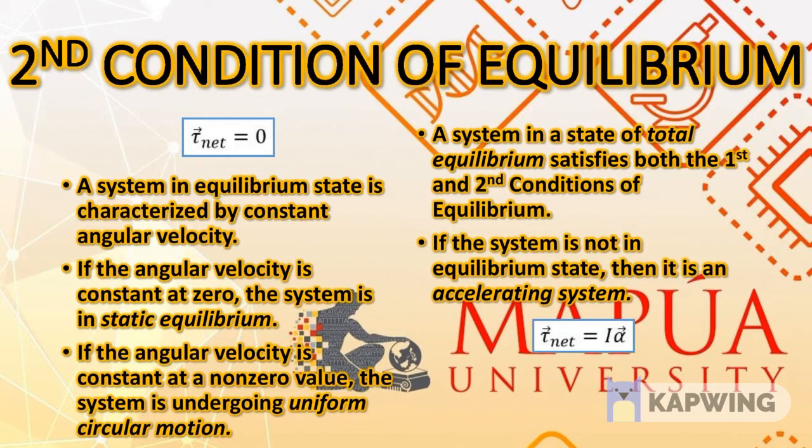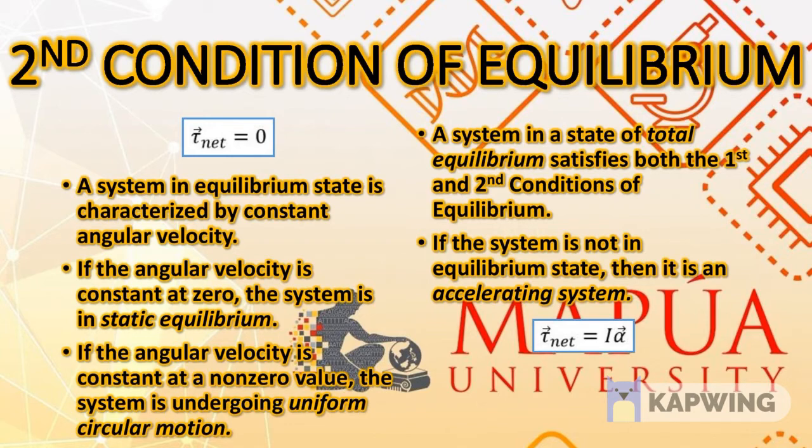If the angular velocity is constant at 0, the system is said to be in static equilibrium. And if the angular velocity is constant at a non-zero value, the system is said to be undergoing uniform circular motion. If the system is not in a state of equilibrium, then it is an accelerating system.